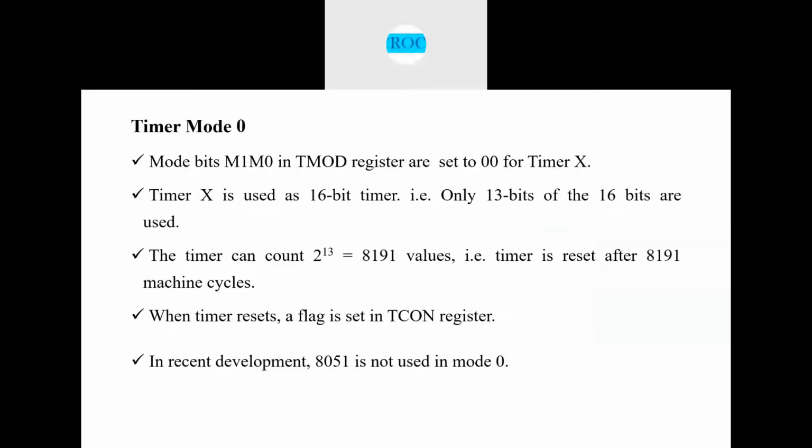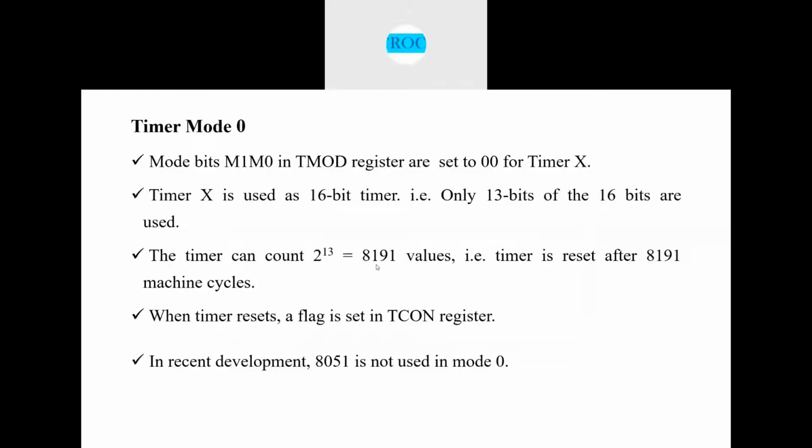Also what we studied is timer mode 0. What is timer mode 0? Out of the 16 bits, we use only 13 bits for the timer. Only 13 bits are used to count the number of machine cycles. One machine cycle is equal to one clock pulse divided by 12, as everyone remembers.